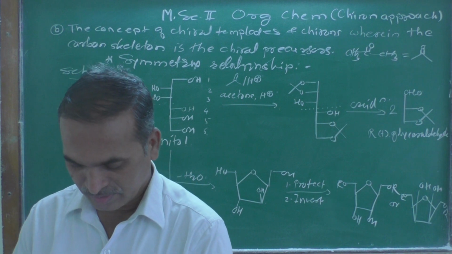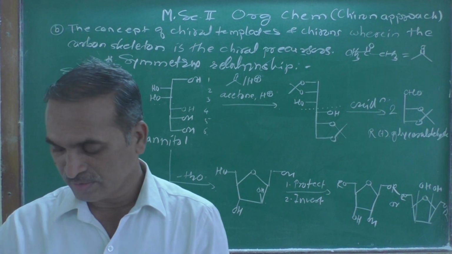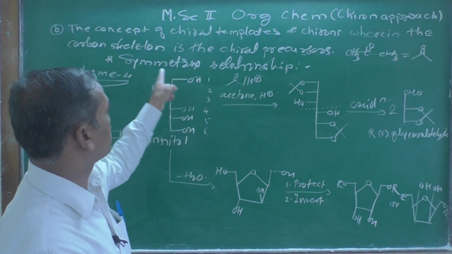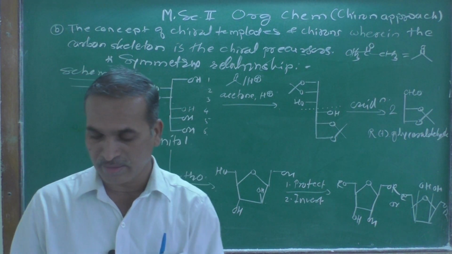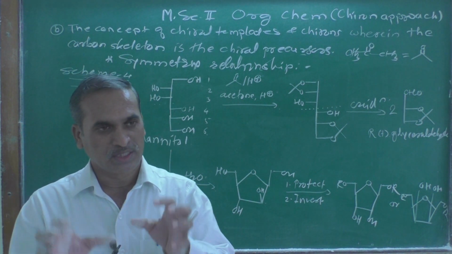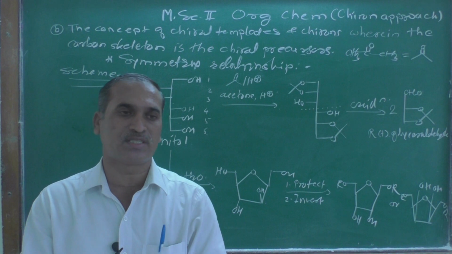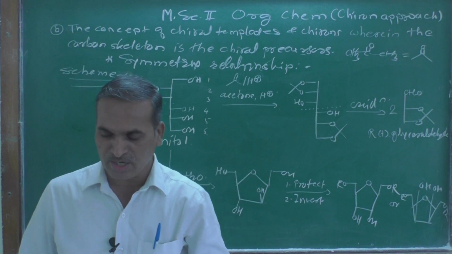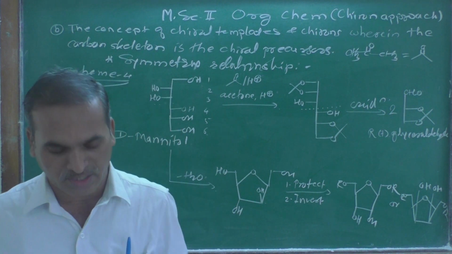And I think with this we have completed this point, the symmetry relationship over here. So in the next lecture we will see how the design strategies are developed by using this chiral approach.